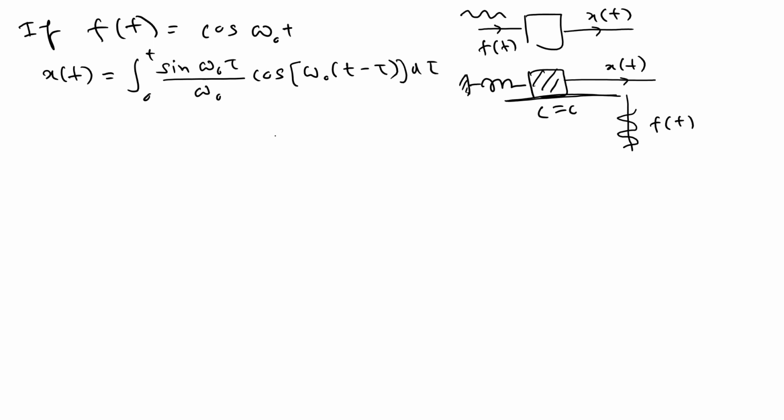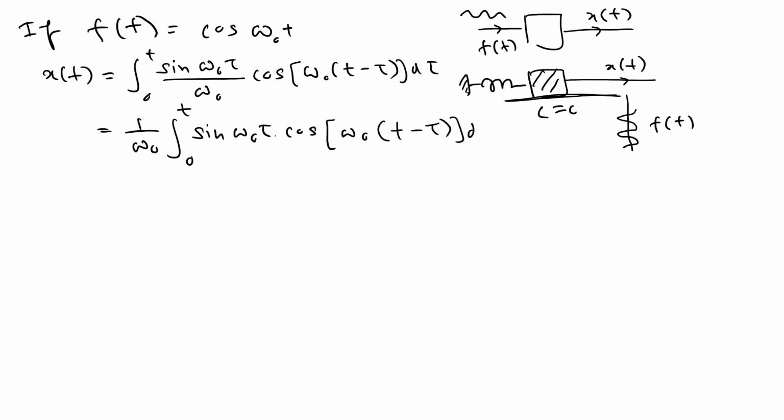We can pull the omega naught out: 1 over omega naught, integral from 0 to t, sine omega naught tau cosine omega naught (t minus tau) d tau.